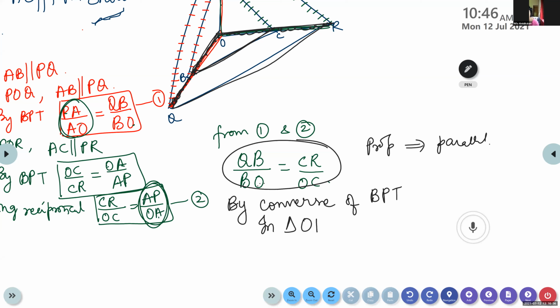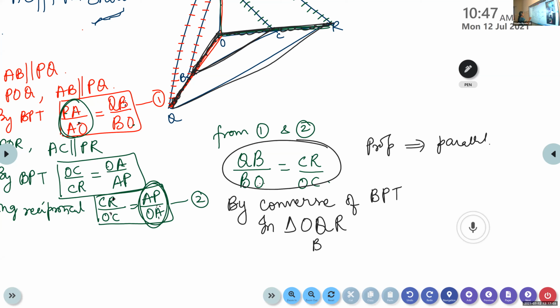In triangle OQR. Yes. Ma'am, from the first and second equations, how did we understand that they are proportional? From the first and second equation, these two are already equal, isn't it? AP by PO is equal to AP by OA, so these two are equal.